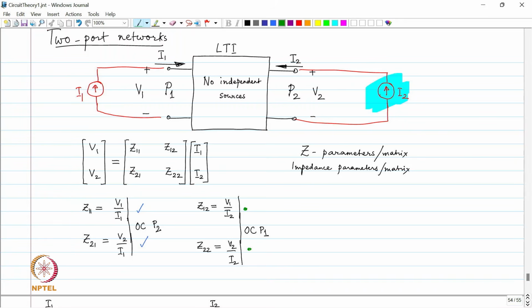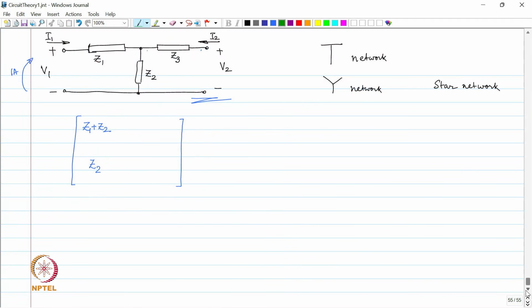This is my plan. How do we do this? We have to open circuit port 1 and apply 1 ampere, push 1 ampere into port 2.